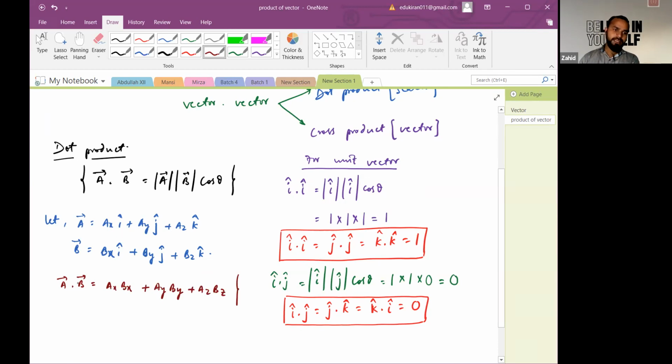So this will be the dot product of A and B, which means multiply the X component with X, Y component with Y, and Z component with Z. Is it clear? The rest of the terms will be 0. Any doubt?